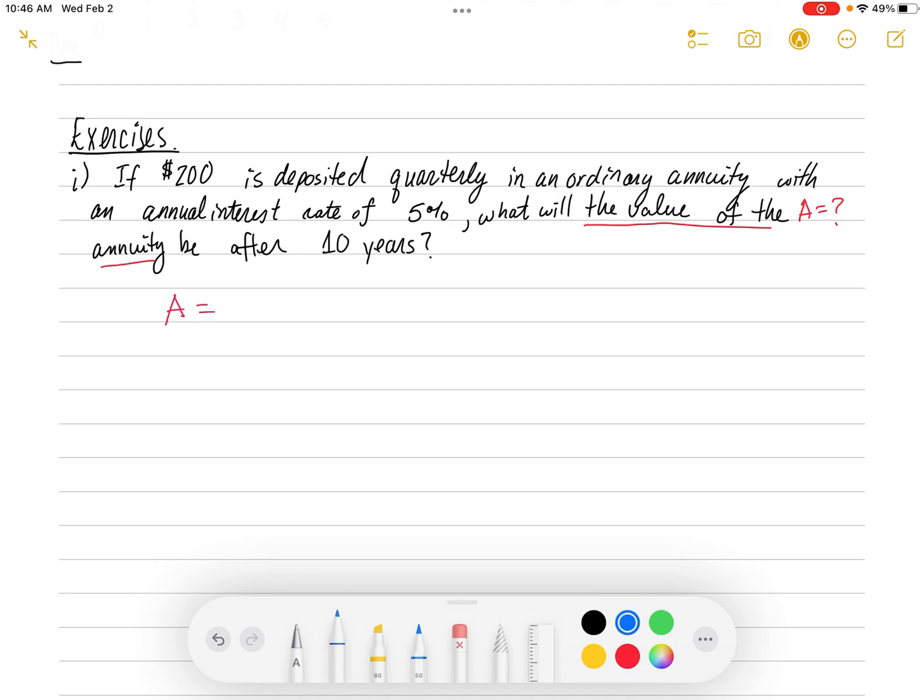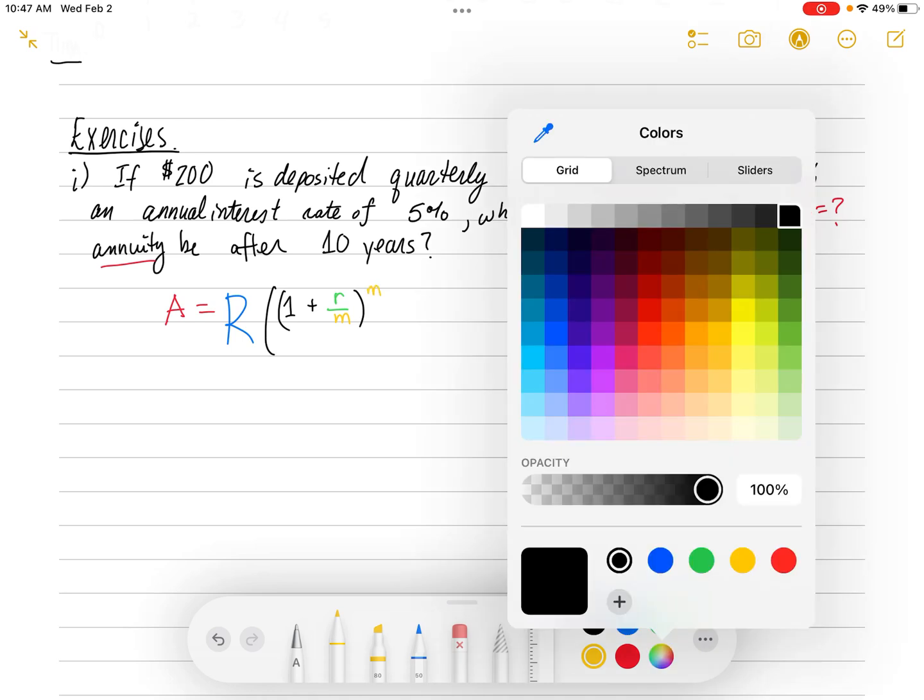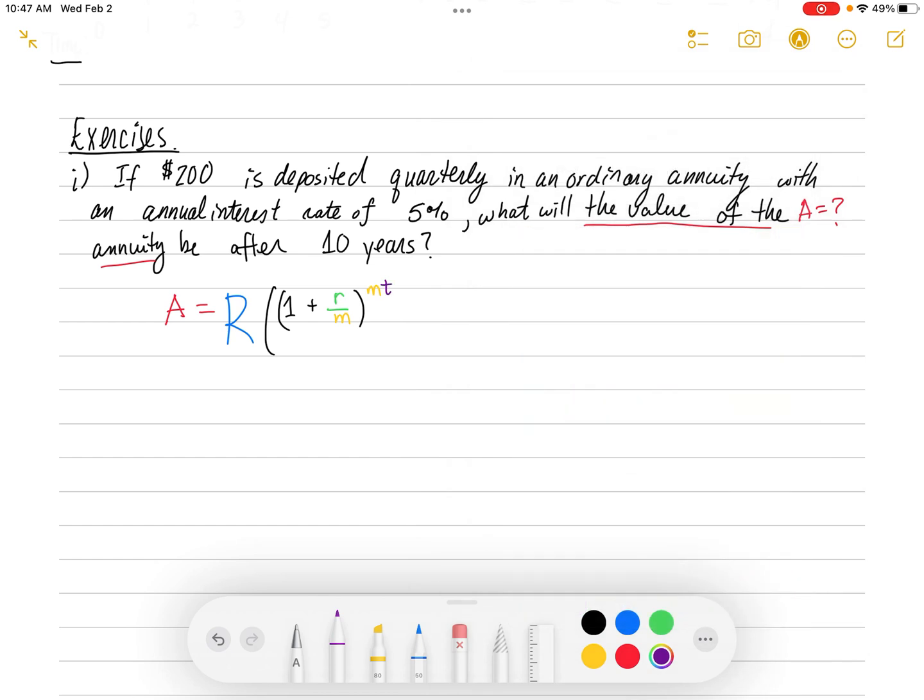Capital A equals capital R times 1 plus little r over m, and raise that all to the mt, where t is the time in years. And after we compute that, we'll subtract 1, and we'll divide that all by little r over m.